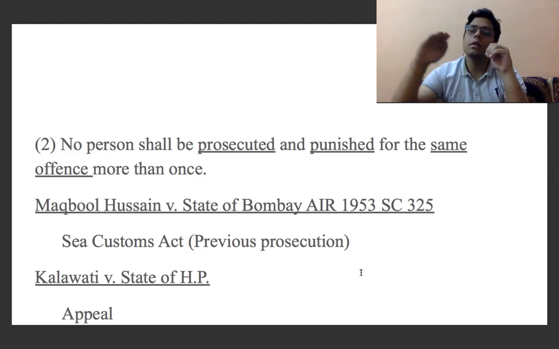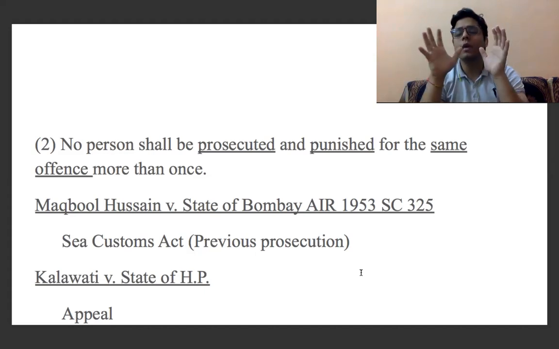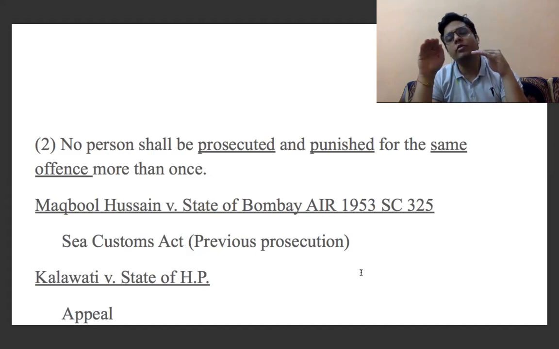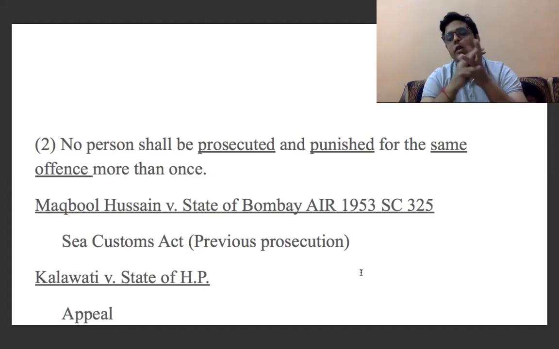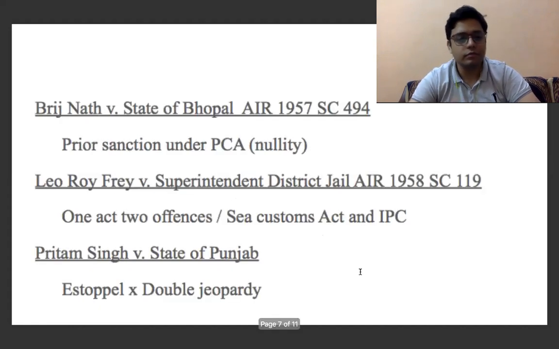Up till all the remedies available to either of the parties have been taken and used, the original prosecution continues. So it can't be said that every appeal gives birth to a new prosecution. So appeals were held to be a continuation of the original prosecution, and hence no question of violating sub-article 2 of Article 20.